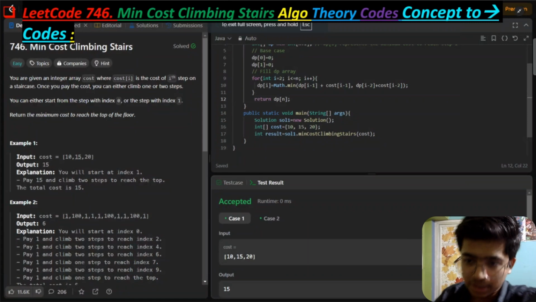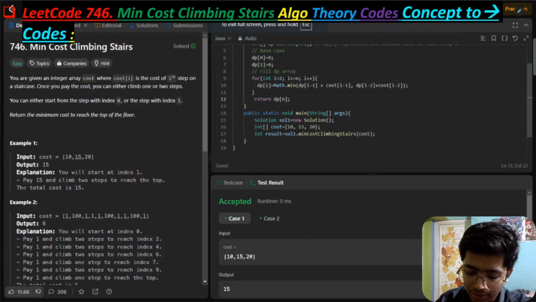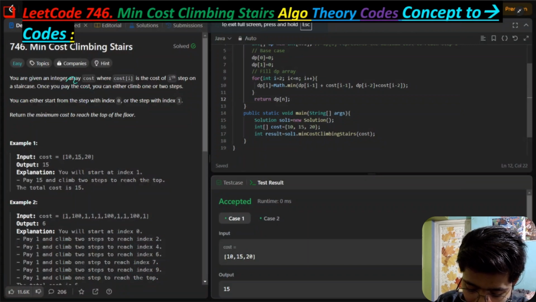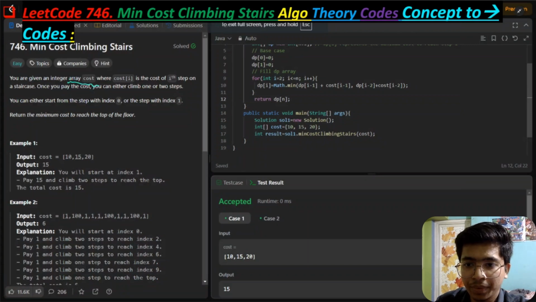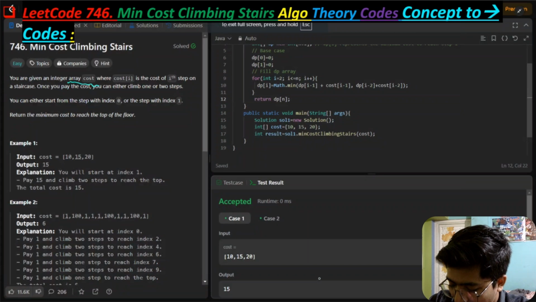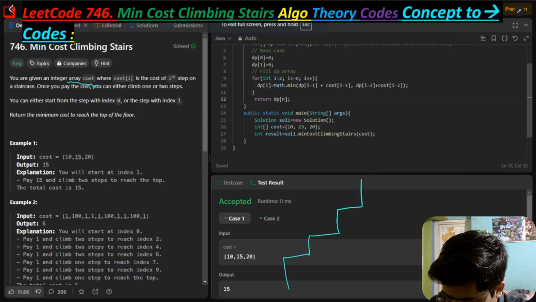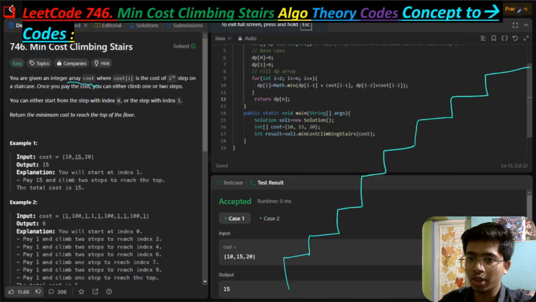First, they're telling you are given an integer array cost, where cost[i] is the cost of the ith step on a staircase. So let's assume there is a staircase like this. This looks quite big.